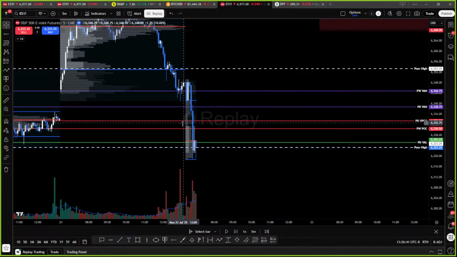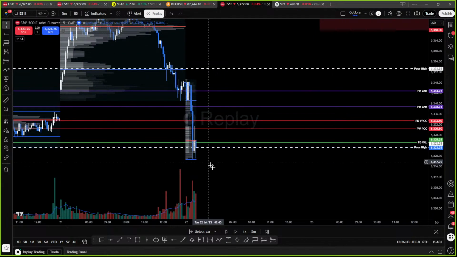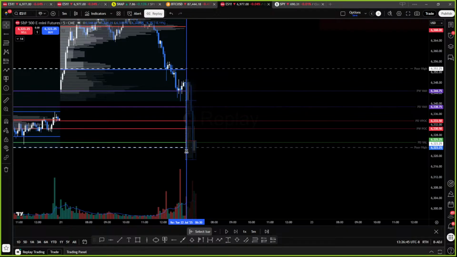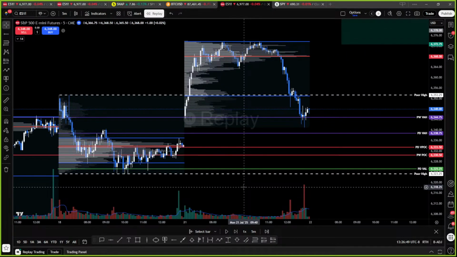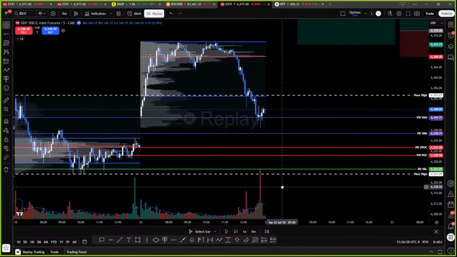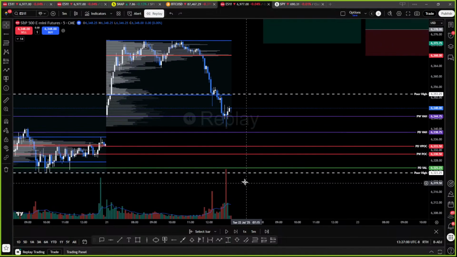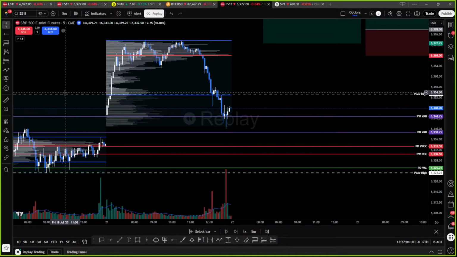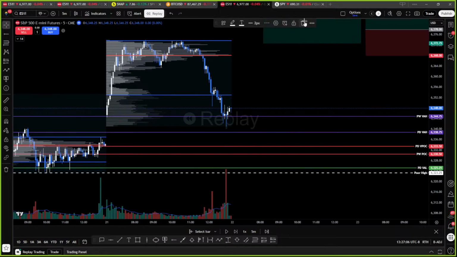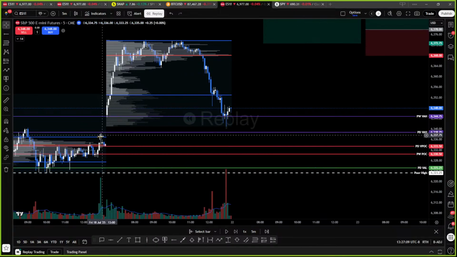So that did not happen. Now we got to go back to here. I'm not trying to skew things in our favor, but I'm pretty sure anybody here would agree we're not trying to take a trade with 20 minutes left with a 20-point take profit. That would definitely be a scalp, and it would not happen.